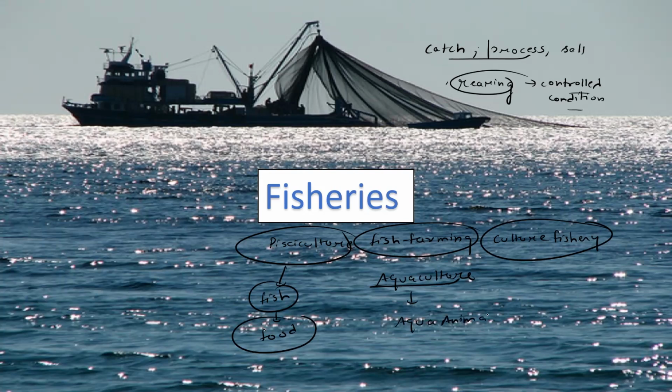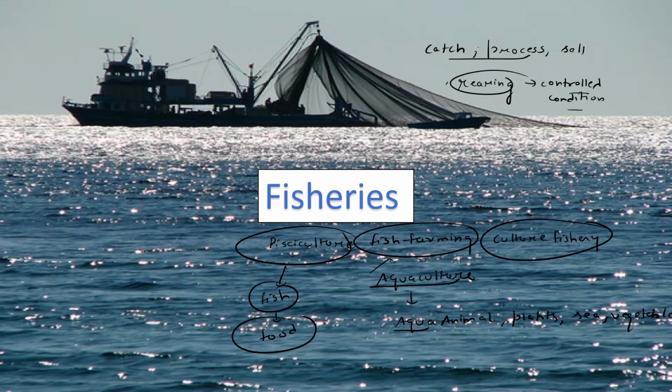It will also include plants and sea vegetables. In pisciculture there is only breeding of fish, but in aquaculture there are other sea products, for example, sea vegetables, aquatic animals, and plants. So this is the difference between pisciculture and aquaculture.